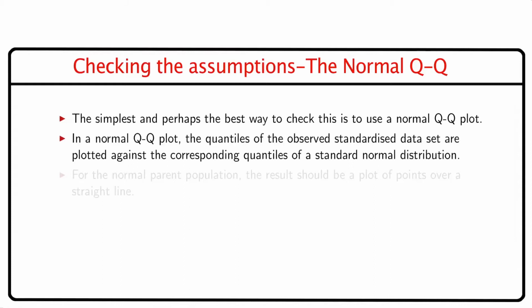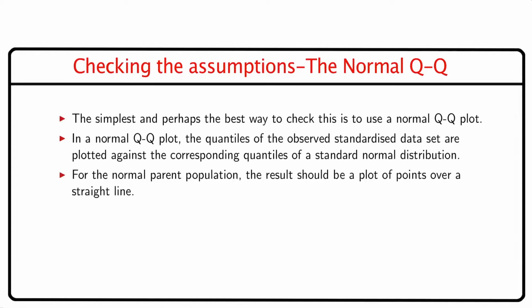In a normal QQ plot, the quantiles of the observed standardized data set are plotted against the corresponding quantiles of a standard normal distribution. For a normal parent, we expect that these two quantiles match. So for a normal parent population, the result should be a plot of points over a straight line, or at least scattered over a straight line.